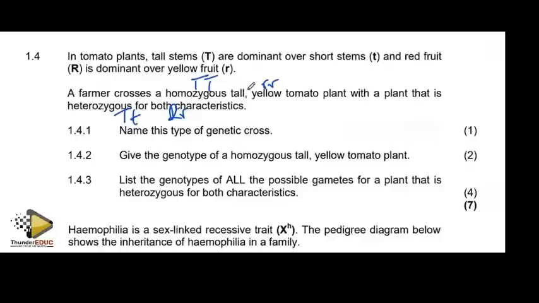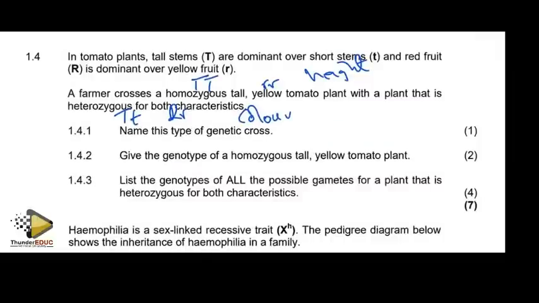Which characteristics? The height, and then the other characteristic, which is the color of the tomato. So two characteristics, height and color. So the answer is dihybrid cross.